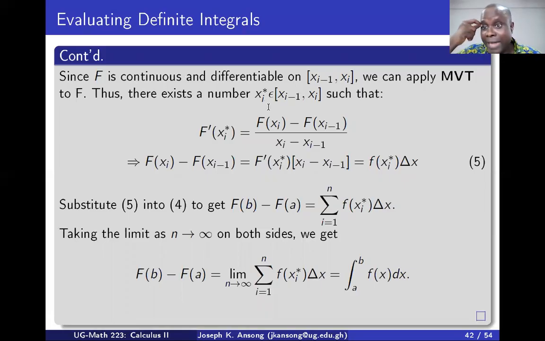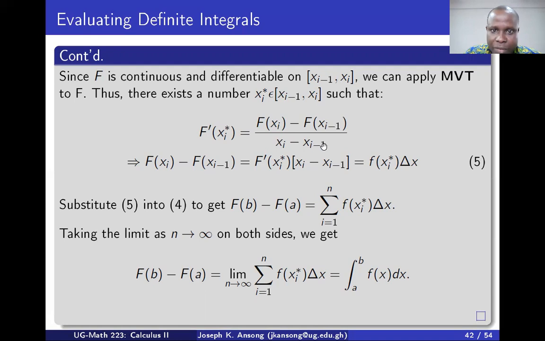When you learn MVT, we use c, or some number. So there is an xi star within this interval such that F prime at xi star is equal to F at xi minus F at xi minus 1, all over the difference between them. If you apply the formula of MVT, you get this.